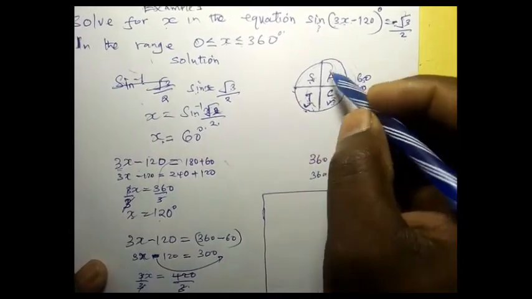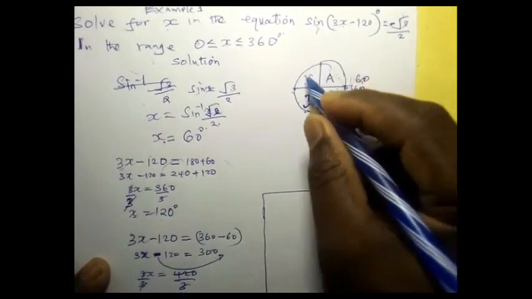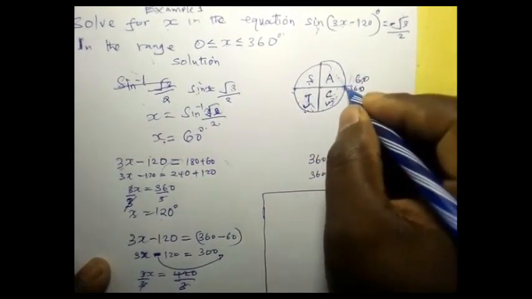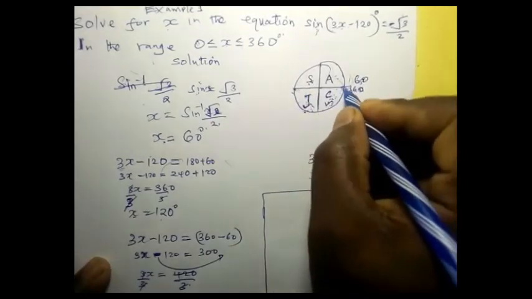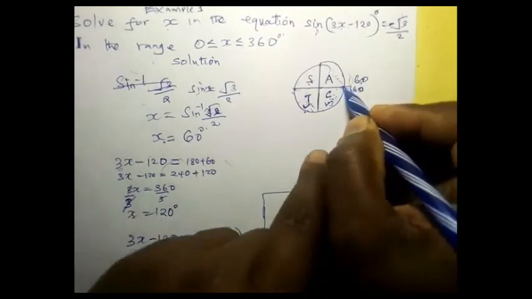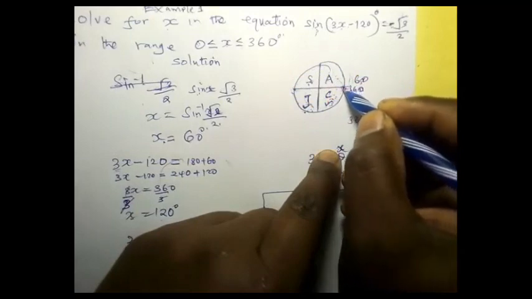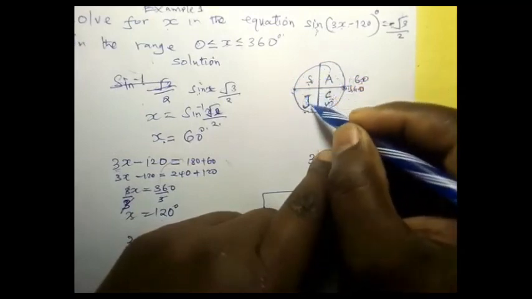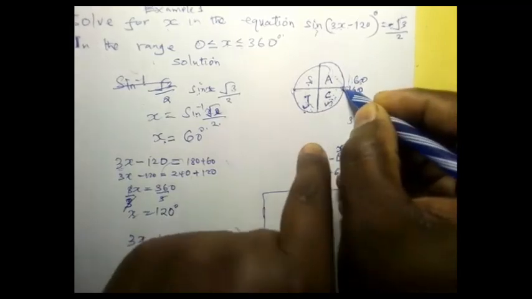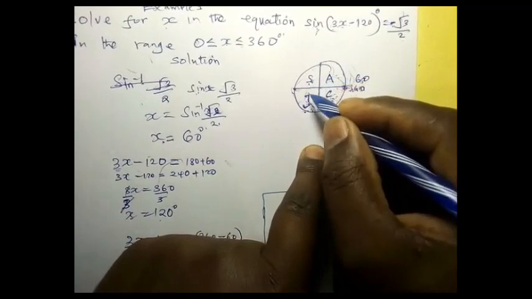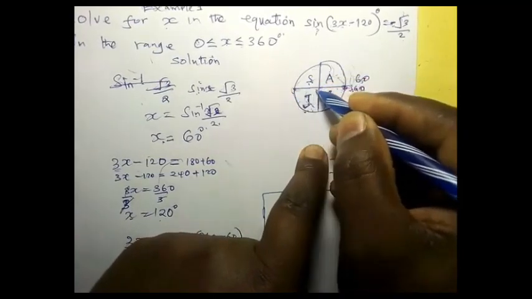Up to this point, we have gone round up to here. Now we are going into the second cycle. Once we reach here, we go 360 plus 360, that is 720. So here it is now 720 because this is the second round. The first round it was 360. But the angle we want is not here, it is here. So we go 720 plus 180 plus 60.